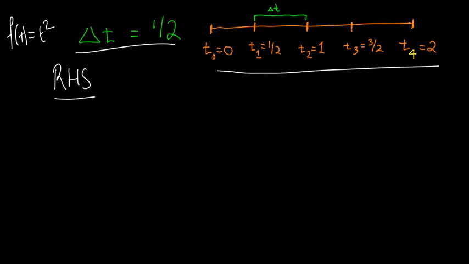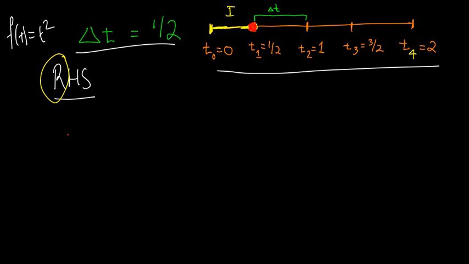It says, okay, let's form rectangles underneath the function, and of course we don't have the graph of the function here, but let's form the rectangles underneath the graph of the function, and the length of those rectangles is going to be delta t, which is a half. If we look at the first subinterval, we're going to use the right endpoint, which in this case is, well, let's use red, 1 half.